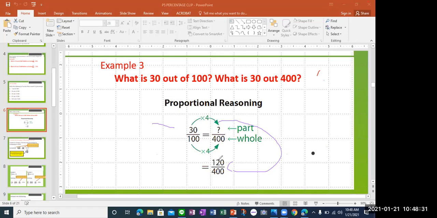Do you understand? Yes, you see, 30 times 4 is equivalent to 120. And vice versa, if you divide 120 by 30, you get 4. Exactly.